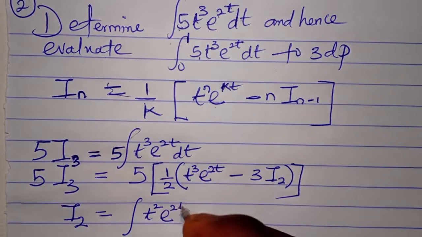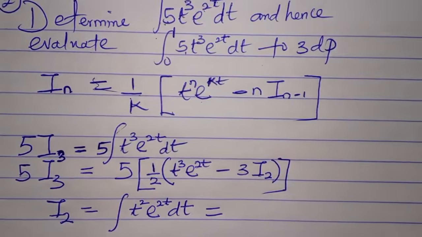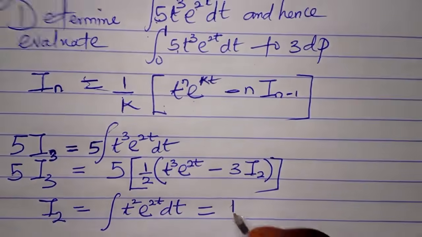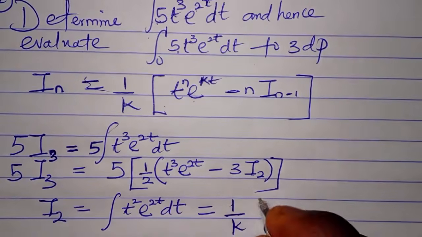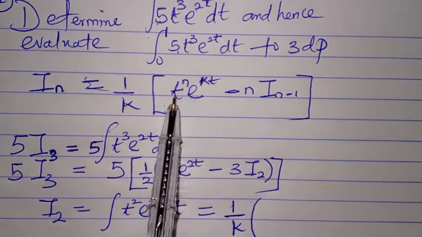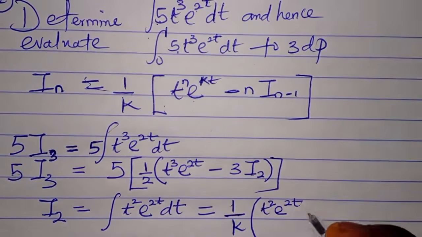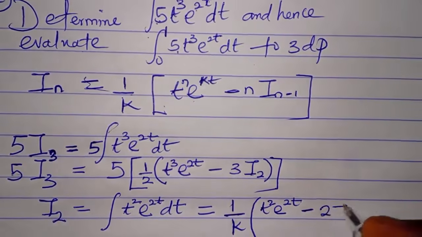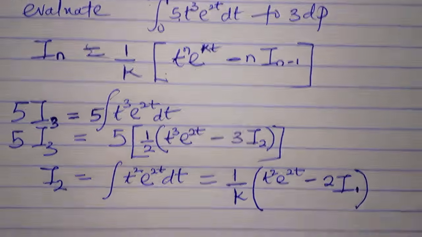Repeating the same process using the same reduction formula, 1 over k, k is always 2 in this particular case, into t squared e to the power of 2t minus n, which is now 2, 2 minus 1 is 1. The question is, what is I1?